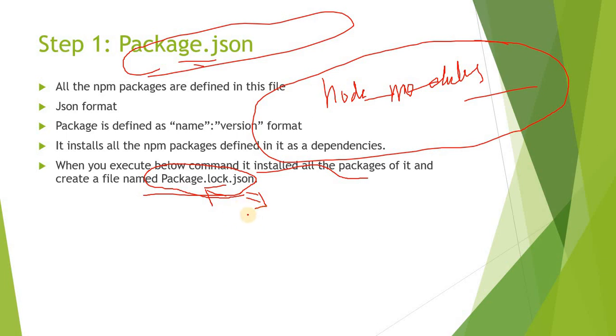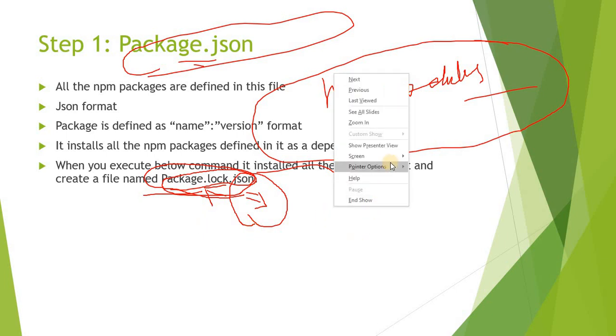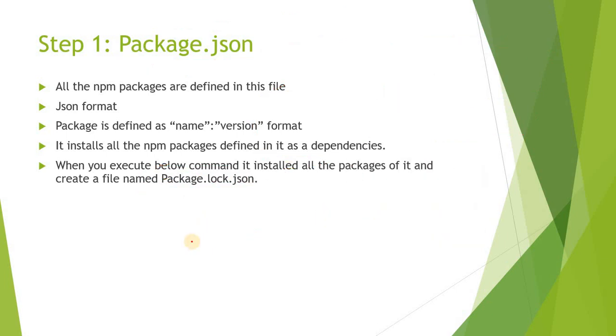So if you change a particular package in the package.json file, when you execute the command npm install, it updates the package-lock.json file also. So you can directly execute it using npm install or npm i.